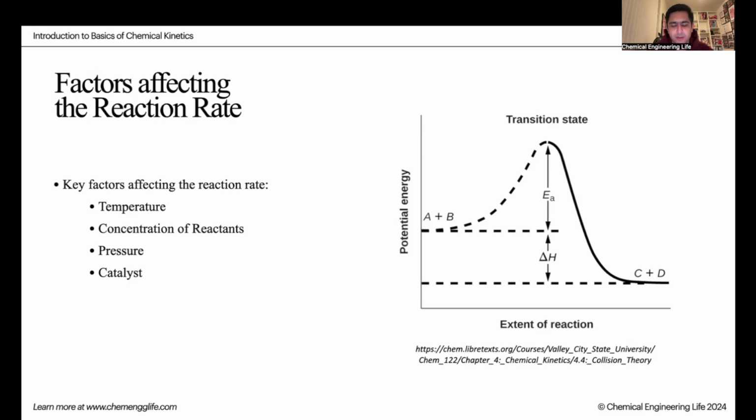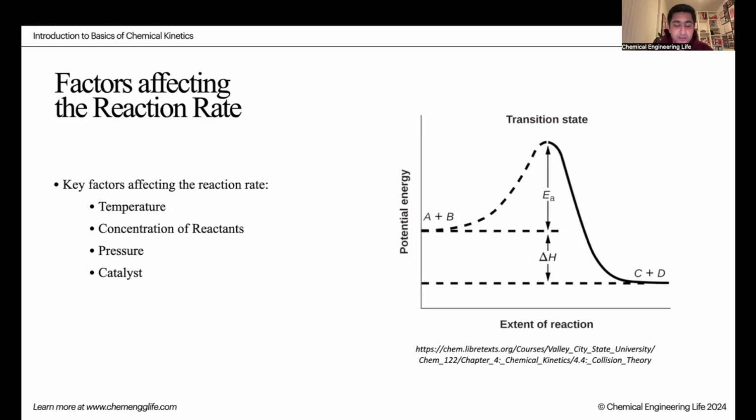Obviously, the probability of you hitting the other person is very low. Now imagine that you cram 100 people in the same room. Now it will be very difficult for you to move around without colliding into someone, right? That's the same theory if we increase the concentration of the reactants. And if you have gas reactants, the way we can increase the concentration is by increasing the pressure.